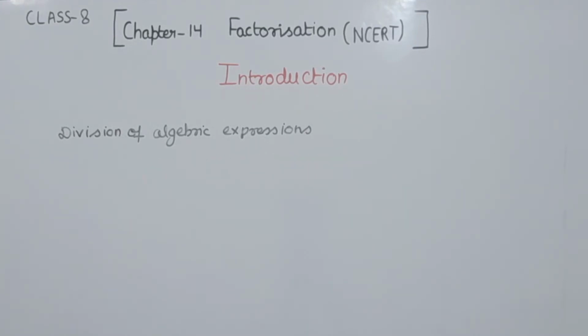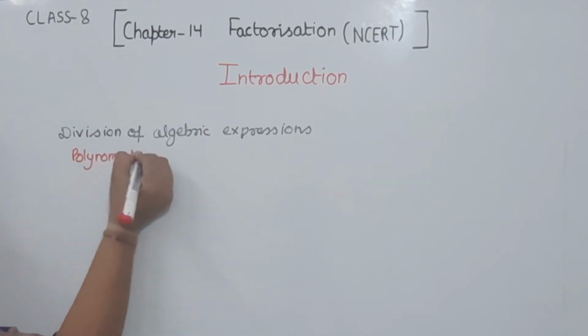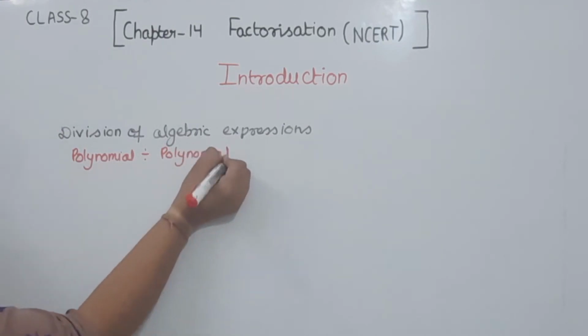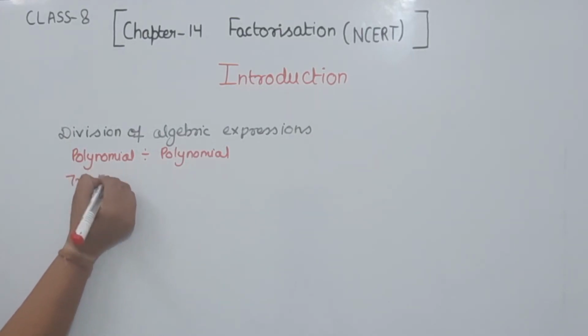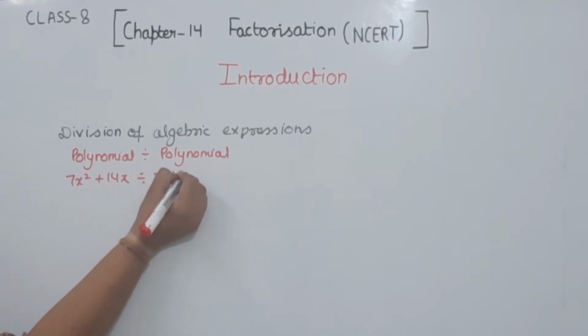Now comes the next one. The next one is when we are dividing and both the terms are polynomials. That means polynomial is divided by polynomial. So let's take the example 7x square plus 14x divided by x plus 2.